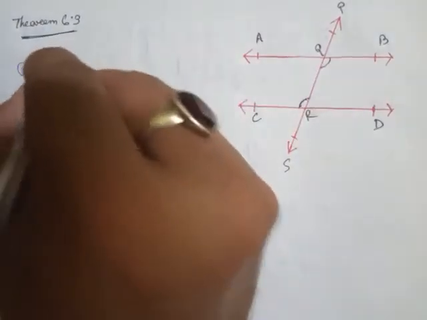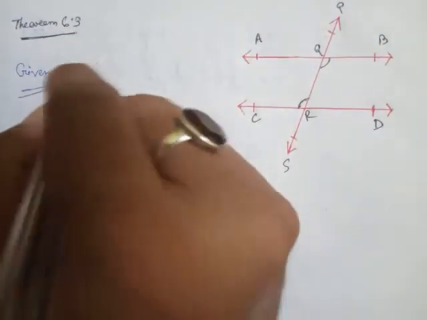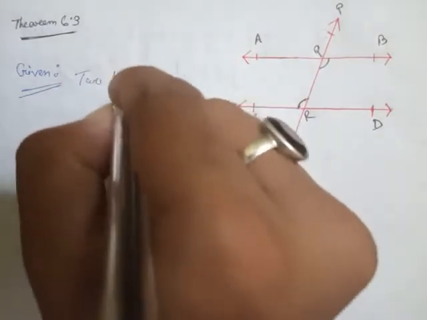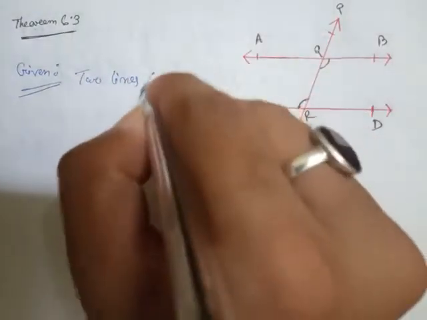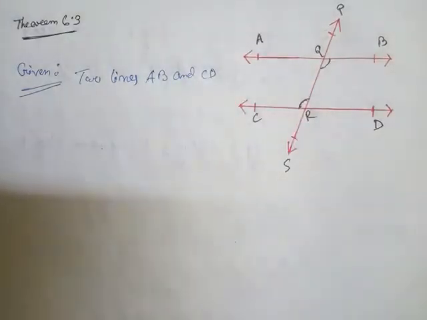Given: two lines AB and CD. AB and CD are the two lines.